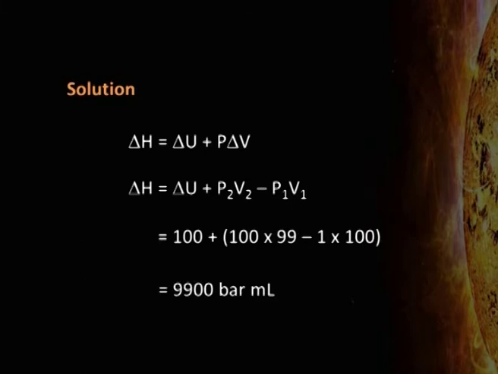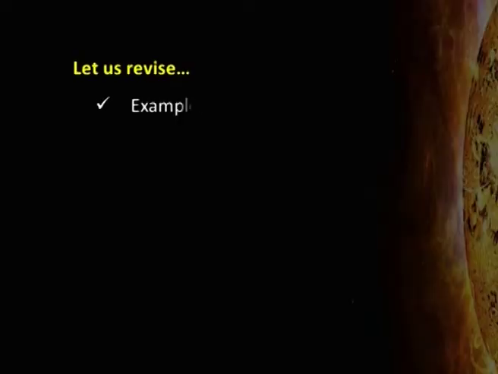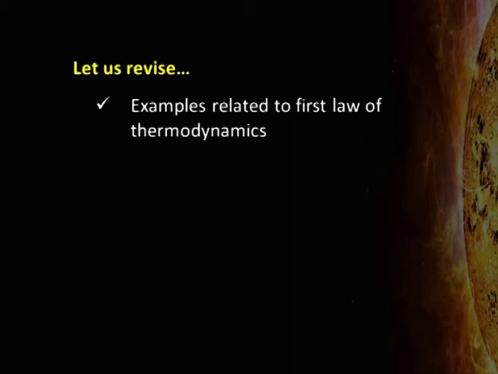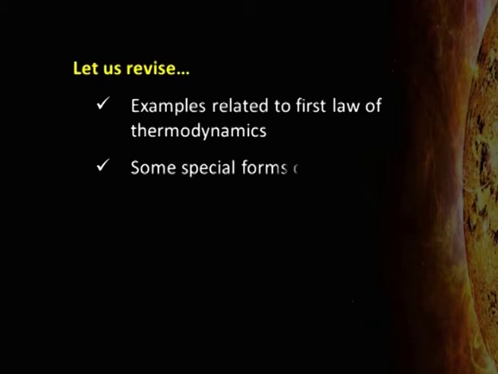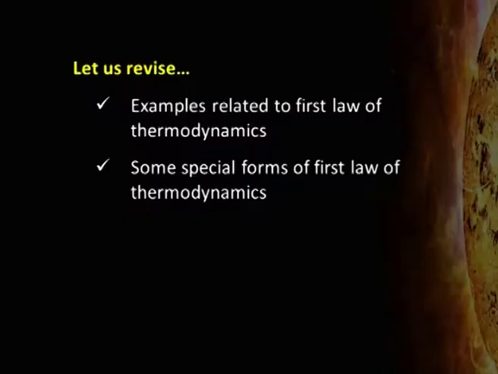Let us revise what we have learnt today. First, we discussed some examples related to first law of thermodynamics. First law of thermodynamics can take different special forms in different conditions, that is in cyclic isothermal process, in adiabatic process, in isochoric and in isobaric process.